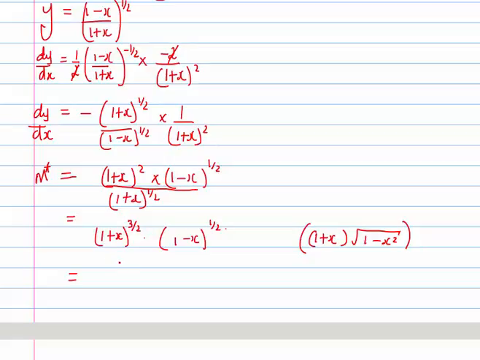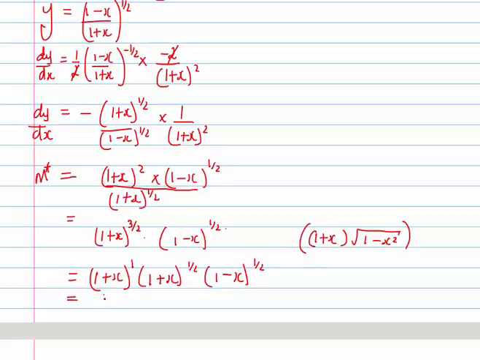Now, if I separate this, watch what happens. I've got 1 plus x to the power of 1, which is exactly that. If I split that, the other one will be 1 plus x to the power of a half, and this one gives me 1 and a half, which is 3 over 2, multiplied by 1 minus x to the power of a half.